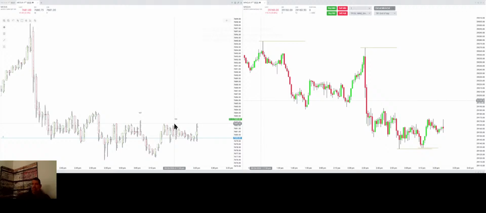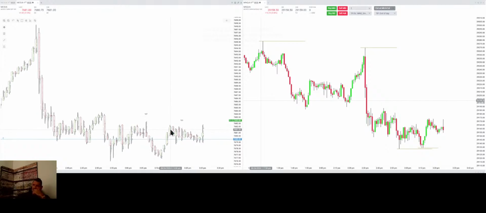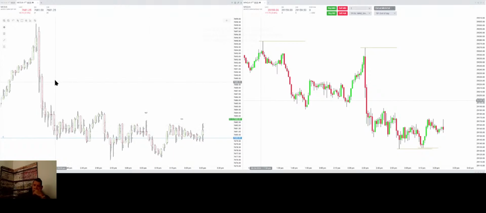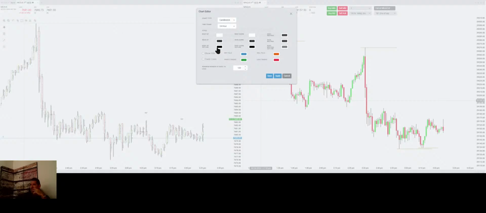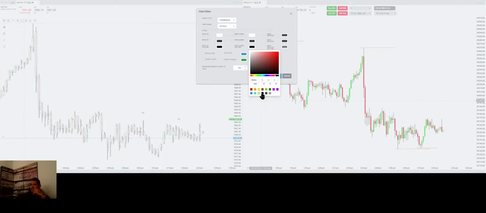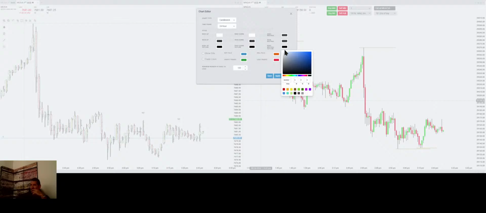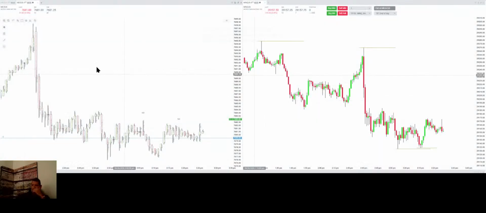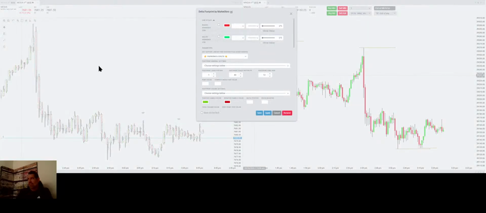What am I gonna do with this? I think the bars, I mean the outline, I don't actually like that. Let's see if we can change that. I think there's another footprint indicator available.